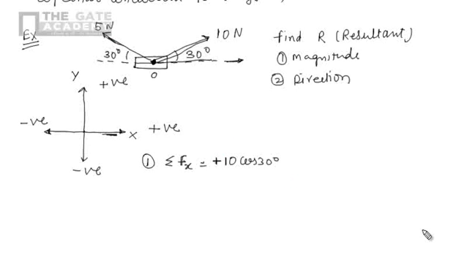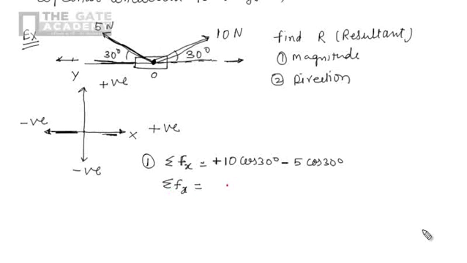Similarly, we find the component of 5 N in the horizontal direction. It is 5 cos 30, and the direction is negative x, so the sign will be negative. Now we can easily find the algebraic summation of the components of all forces about the x-axis.